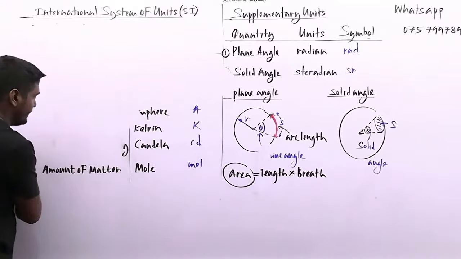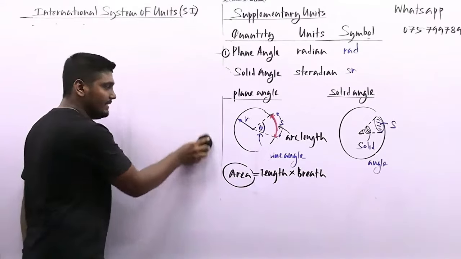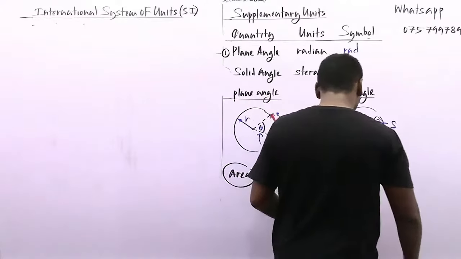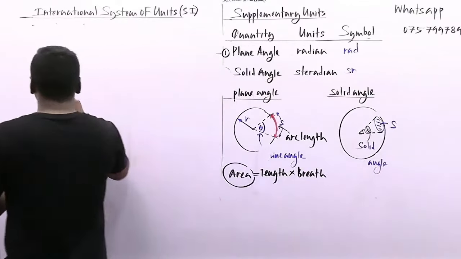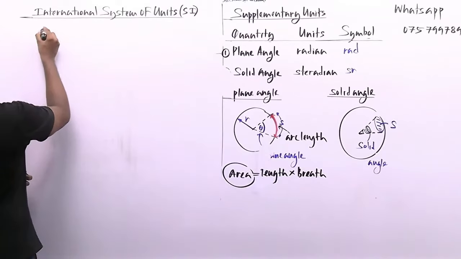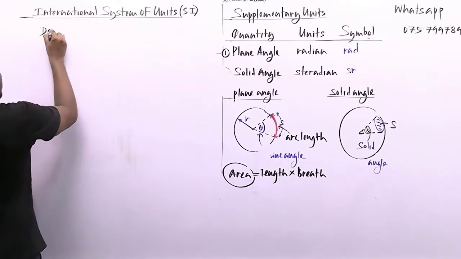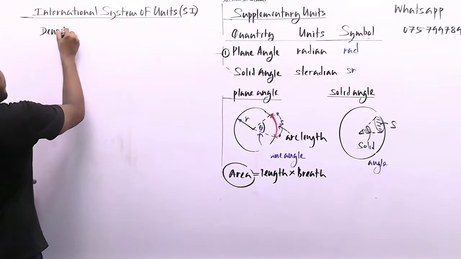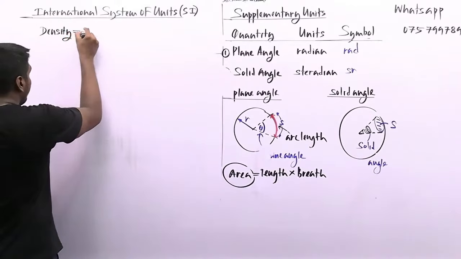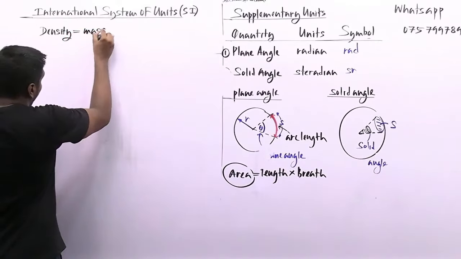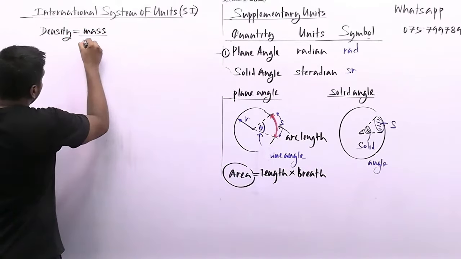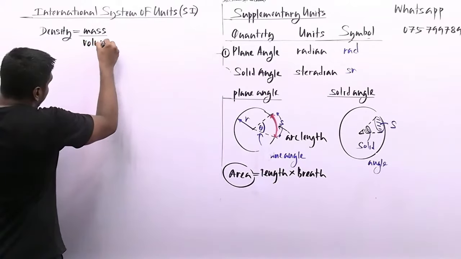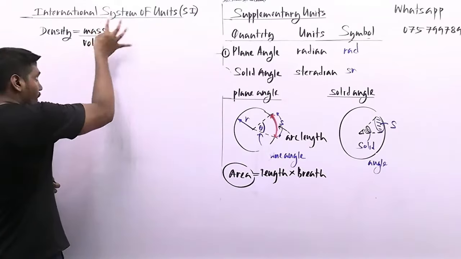Now, density means mass over volume. We all know that according to the definition. Density is equal to mass over volume. Mass is a basic quantity, no doubt.